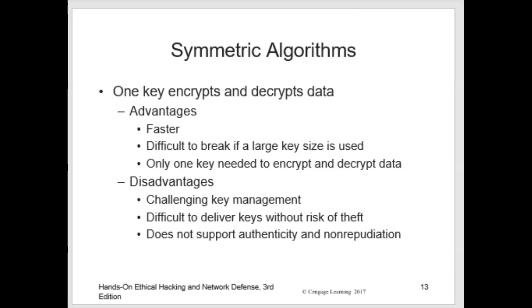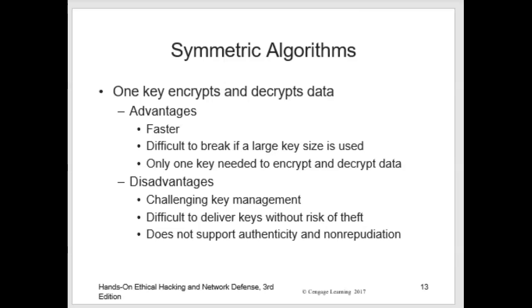So another problem with secret keys is how to send one to a colleague so that they can decrypt your message, right? Because two users have to have the same key in symmetric algorithms, there's really no way to know which user sent the message, right? So in other words, symmetric algorithms don't support authentication and non-repudiation.